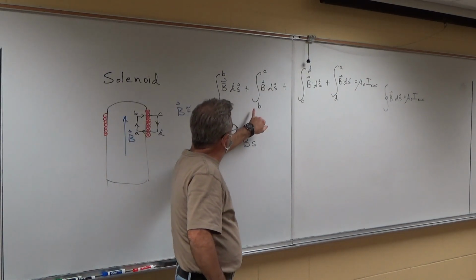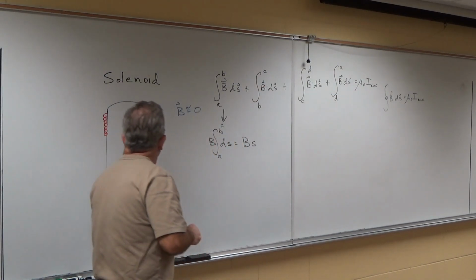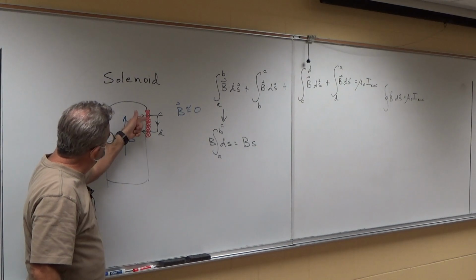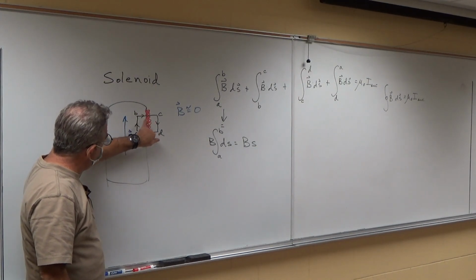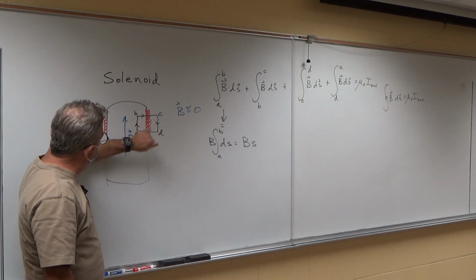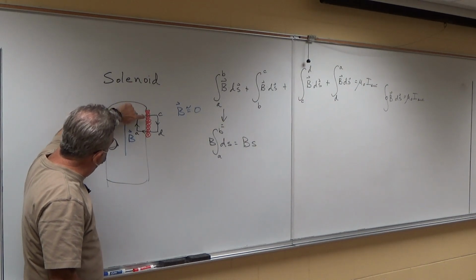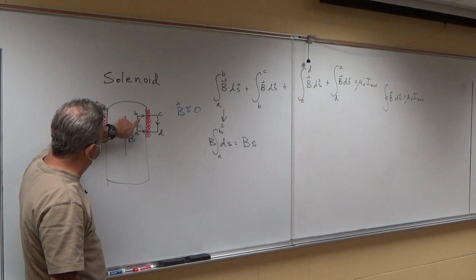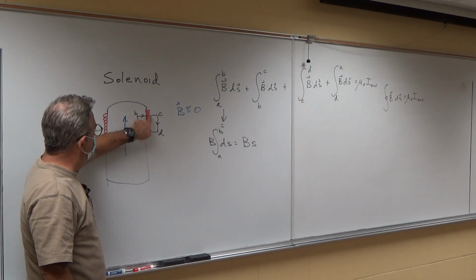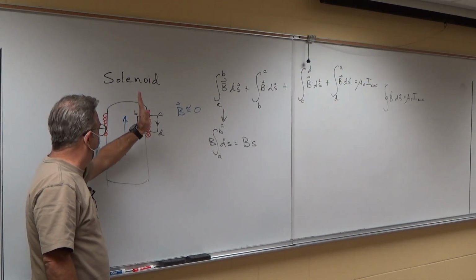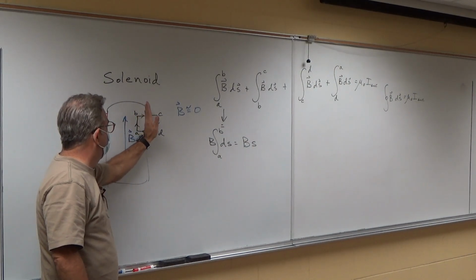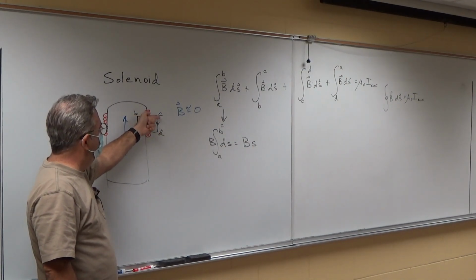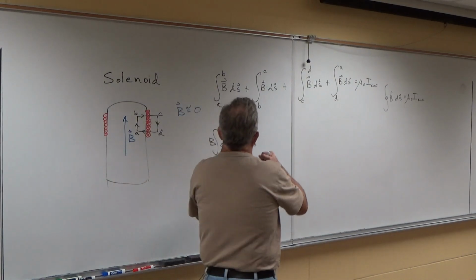Let's look at this integral from B to C. Well, inside the solenoid, the angle between B and ds will be 90. No contribution. Cosine of 90 is 0. Then you have the transition here. We're going to say that at this point, no field out here, so this is 0.